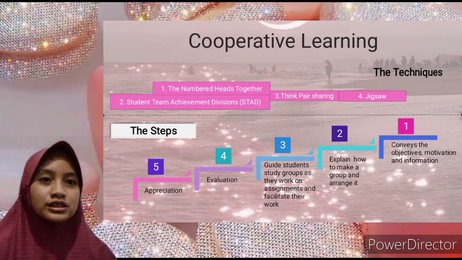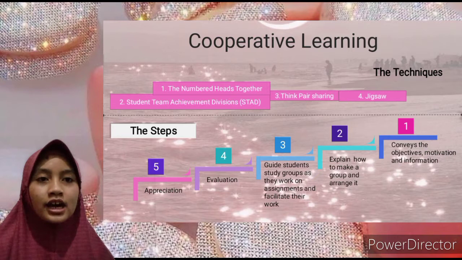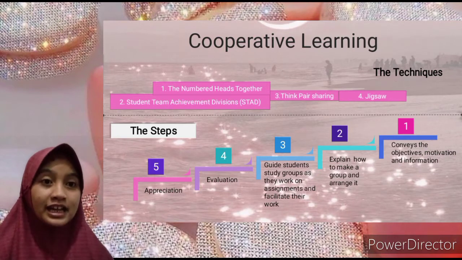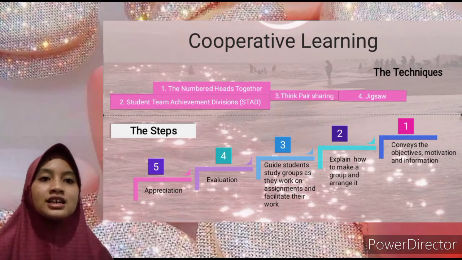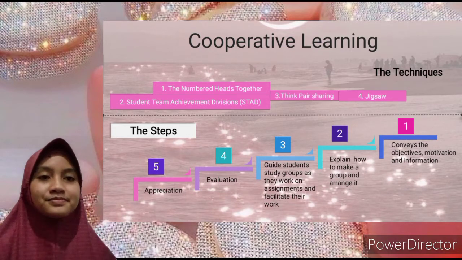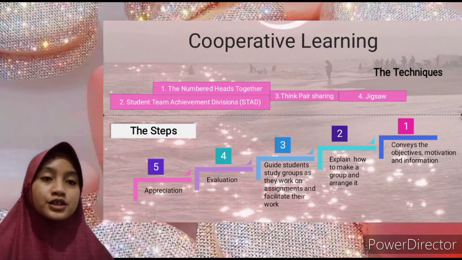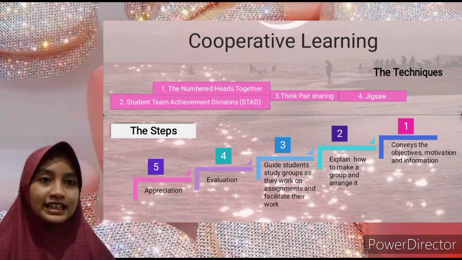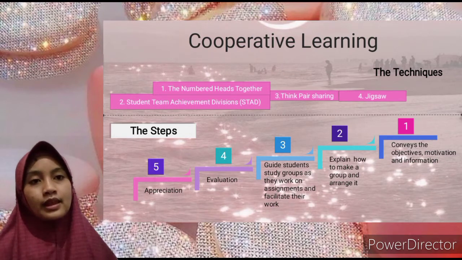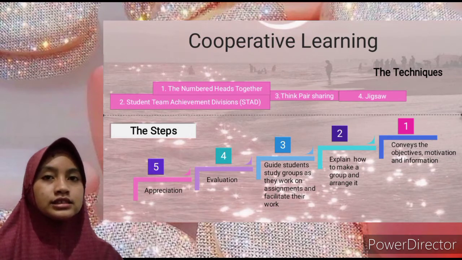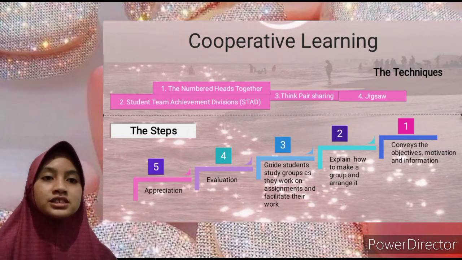And then the teacher explains how to make a group, and then the teacher arranges the students into groups. And then the teacher guides students as they work on assignments in groups and facilitates their work. And then the teacher evaluates all of the students' work.